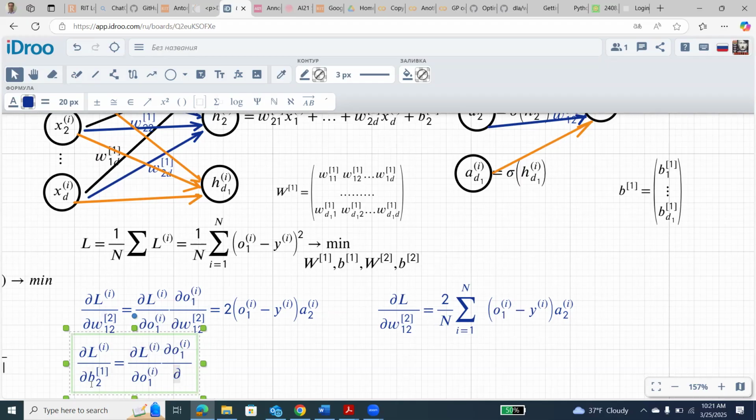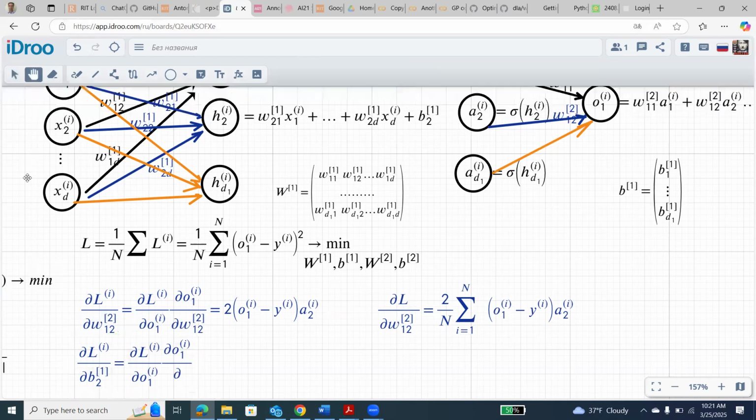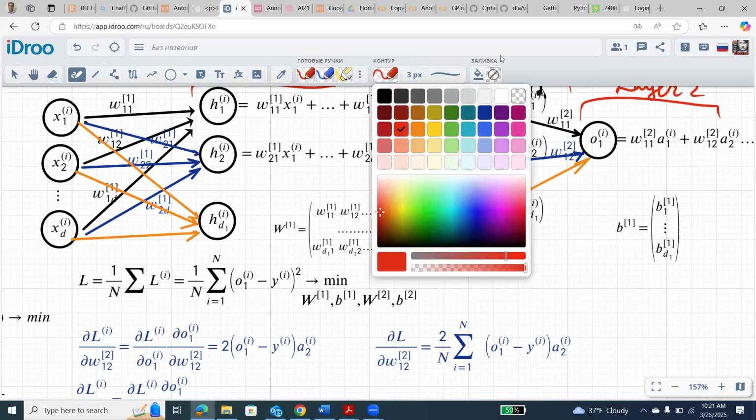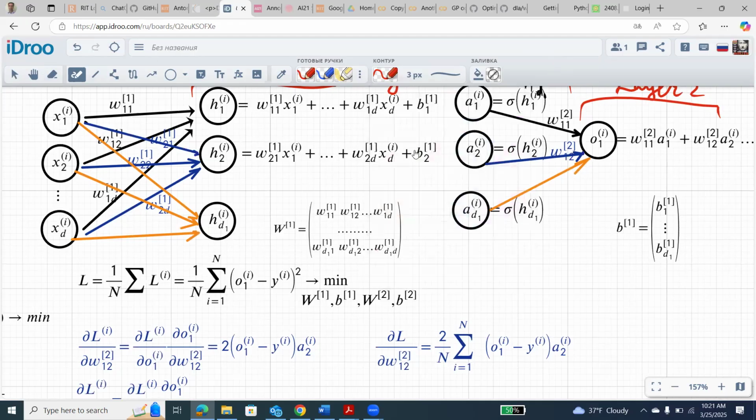But let's take a look. What depends on B2? So B2 is here. Does A1 depend on B2? No. Does A2 depend on B2?